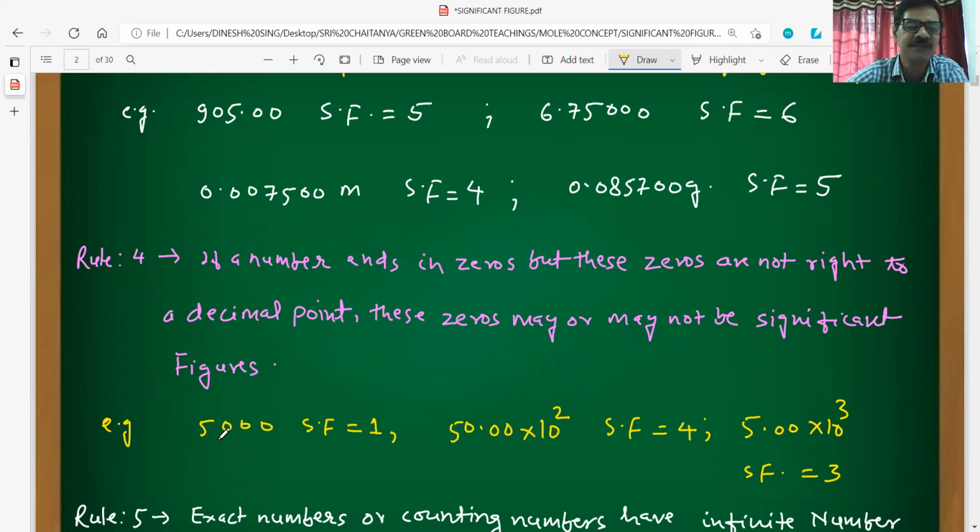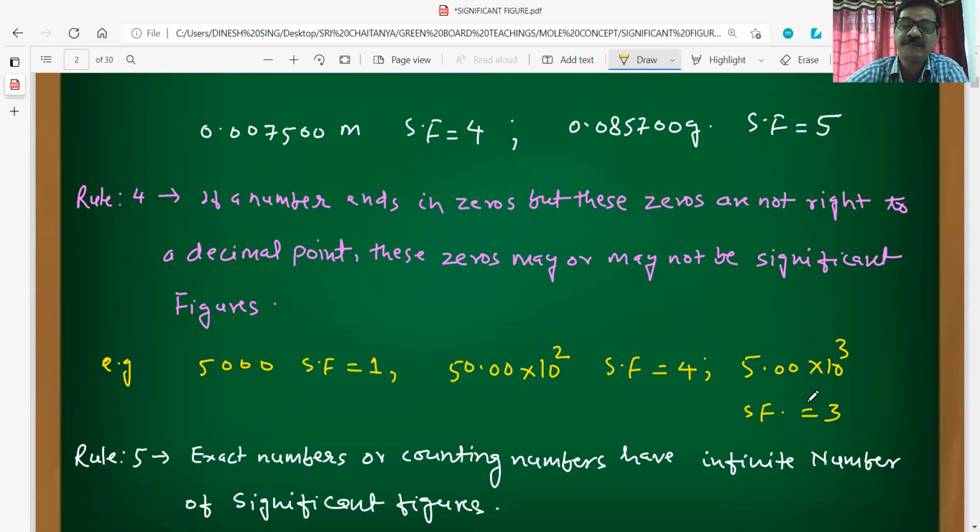If we write this 5000 as 50.00 into 10 power 2, then the total value of significant figures will be 4. If this value is written as 5.00 into 10 power 3, then the significant figures value will be 3. After the decimal point, whatever is the number of zeros, they will be considered as significant figures.